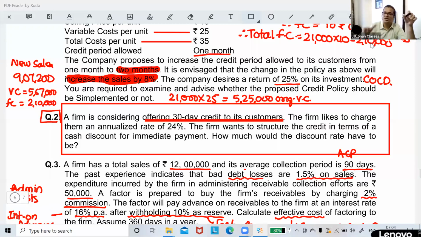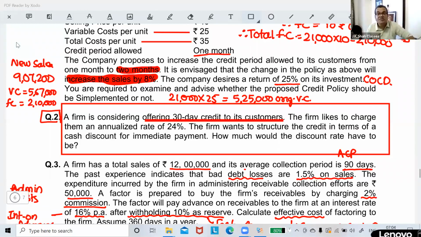The idea is that your normal credit period is 30 days, but if you pay within certain days, we'll offer you a certain discount. Now see what the company does. The firm is considering offering 30 days credit to its customer. Generally, they offer 30 days credit, and the firm likes to charge them at an annualized rate of 24%.